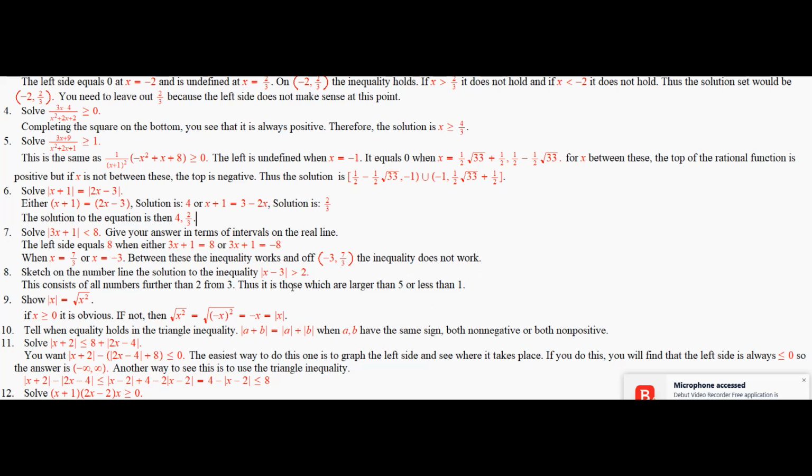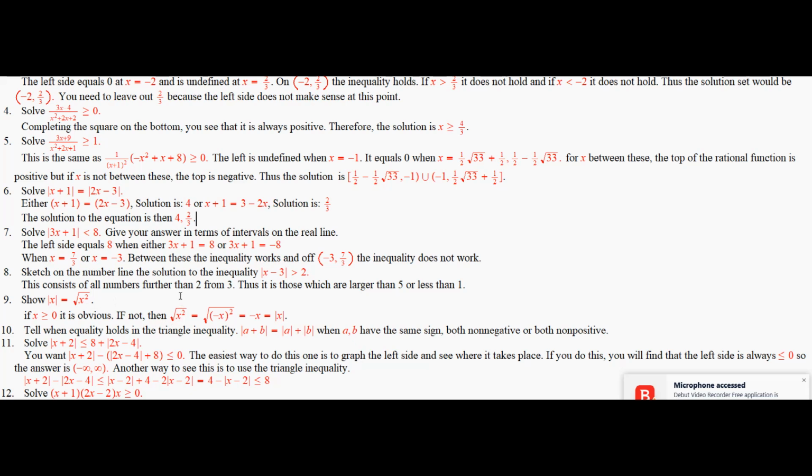See? All right, I want to show that the absolute value of x is this. If x is positive, then the square root of x squared is just x. This is the positive square root, you see. So it works. If x is negative, then negative x is positive.